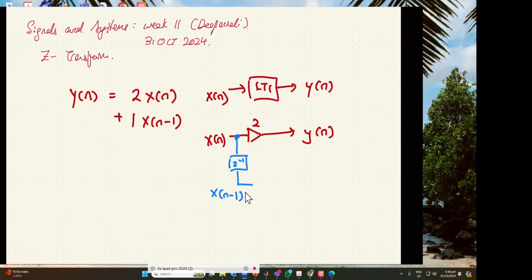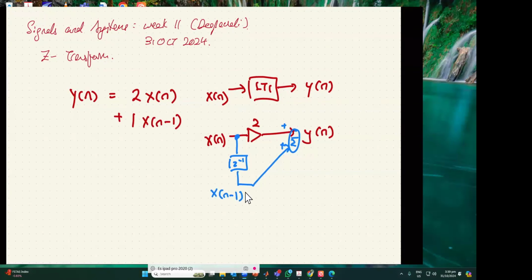And then now I have to sum, so this is addition. Here y of n is equal to 2x of n, and then here the constant 1. If I really need to, I should write a constant 1 here.